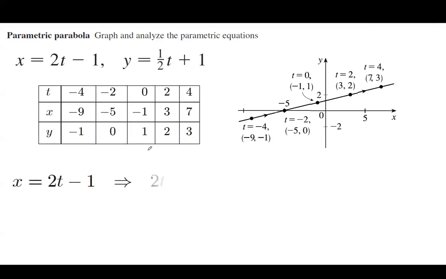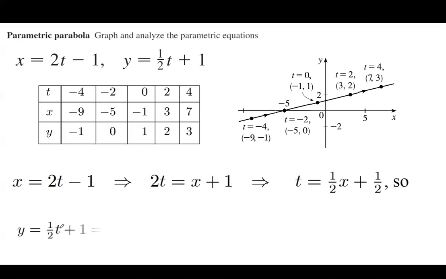You could also get rid of your t. Since x is equal to 2t minus 1, 2t becomes x plus 1, or t is equal to x divided by 2 plus a half. Very good. So your y, which is a half times t plus 1, becomes a half times a half x plus a half, plus 1.